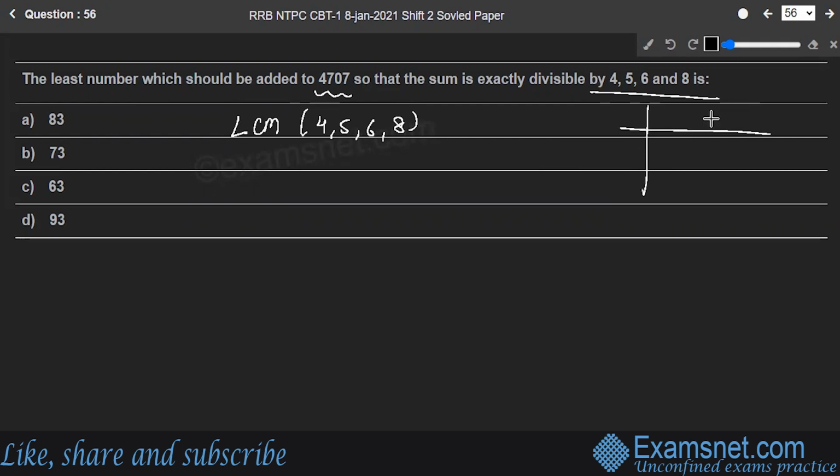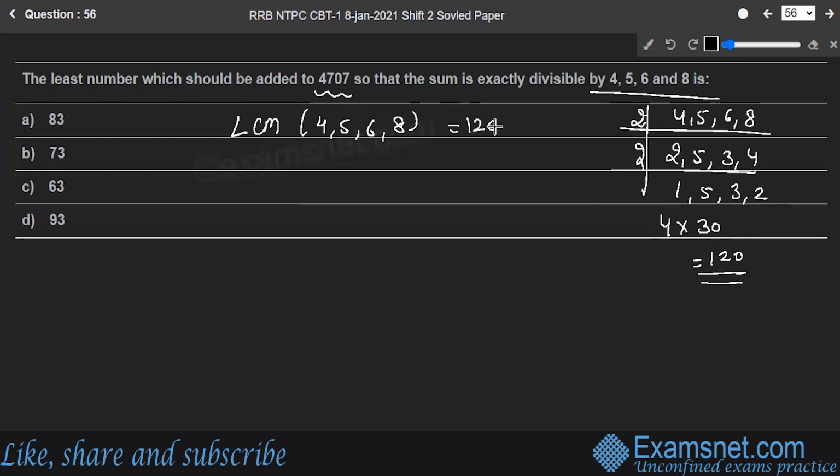Let's find out. 2, 2, 5, 3, 4, 2 again, 1, 5, 3, 2. So it is 4 multiplied by 30, that is equal to 120. So the LCM comes to be 120.